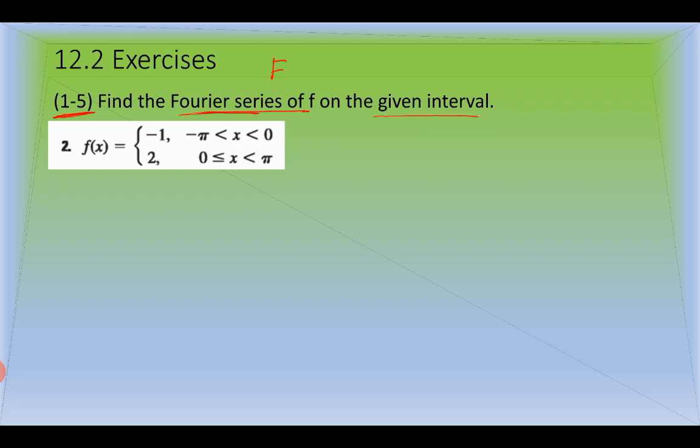Formula for Fourier series is f of x is a0 over 2 plus summation n from 1 to infinity an cosine n pi x over p, plus summation, I separate the summation into two different series, n from 1 to infinity bn sin n pi x over p.